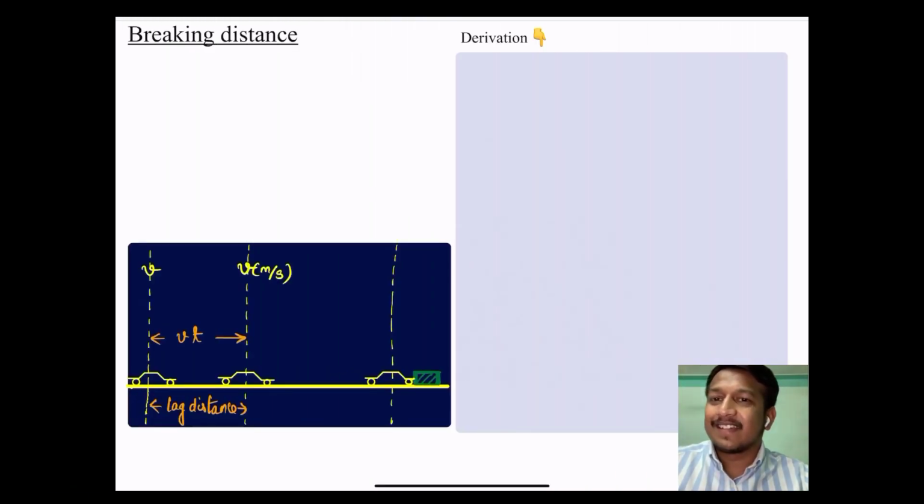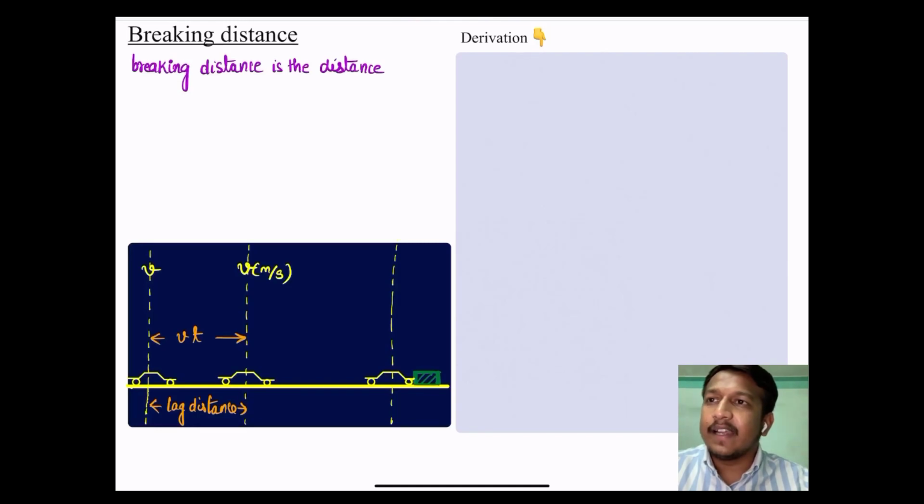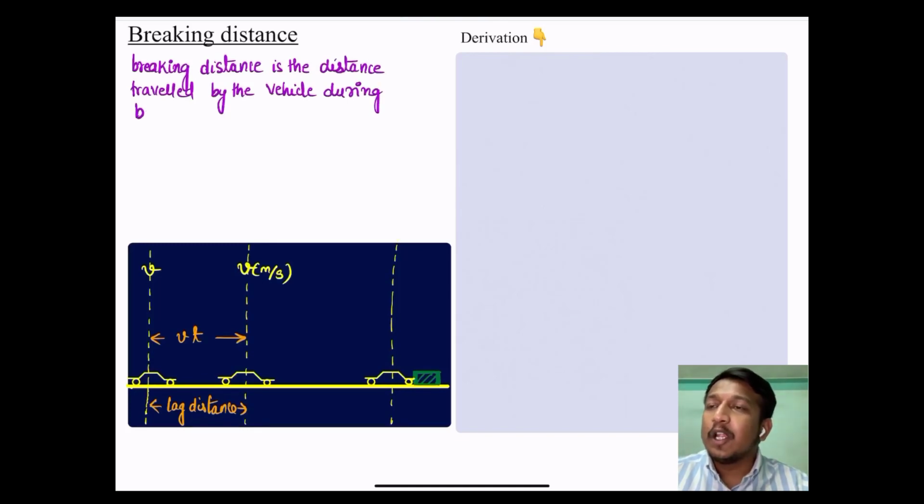Braking distance. Braking distance is the distance traveled by the vehicle during the braking operation.